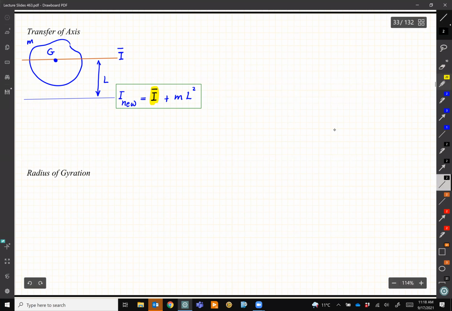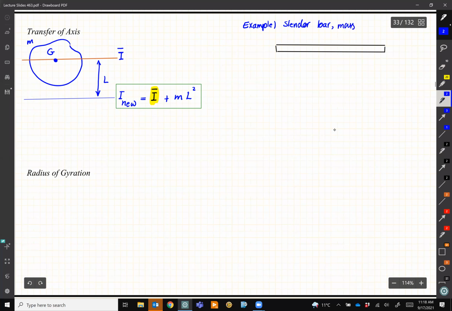So with that, as an example, let's say I have a slender bar, mass m, and length L. And I like to know, so I have I bar, which is for the center, and it is 1/12 mL squared.